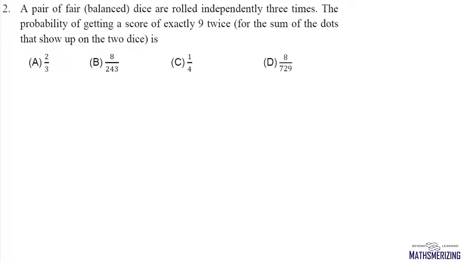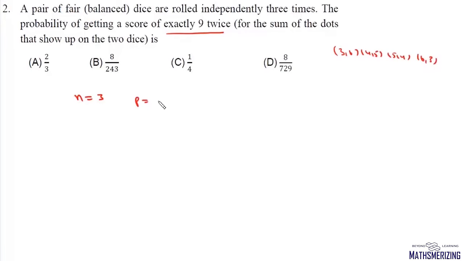Now the next question is, a pair of fair dice are rolled independently 3 times. So in this case we have n equals 3. The probability of getting a score of exactly 9 twice. So getting the sum exactly 9, that is your success. And probability of success will be, now we'll get 9 when we have 3, 6 or 4, 5, 5, 4 and 6, 3.